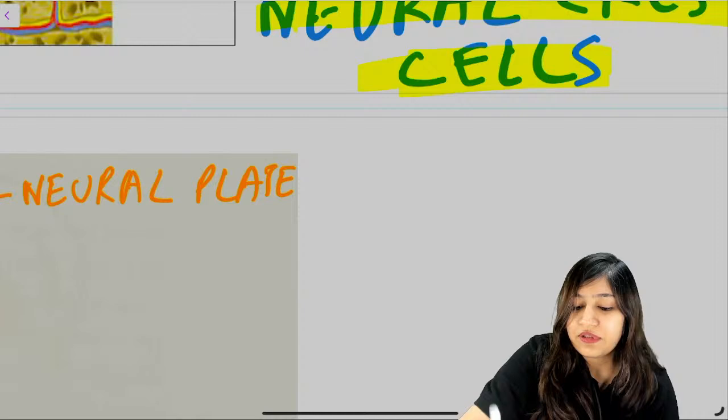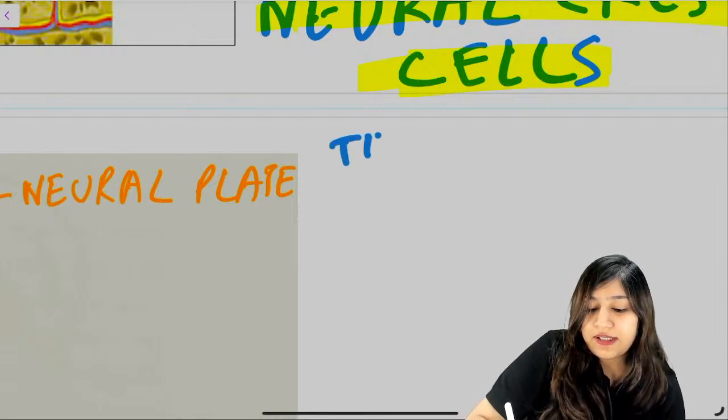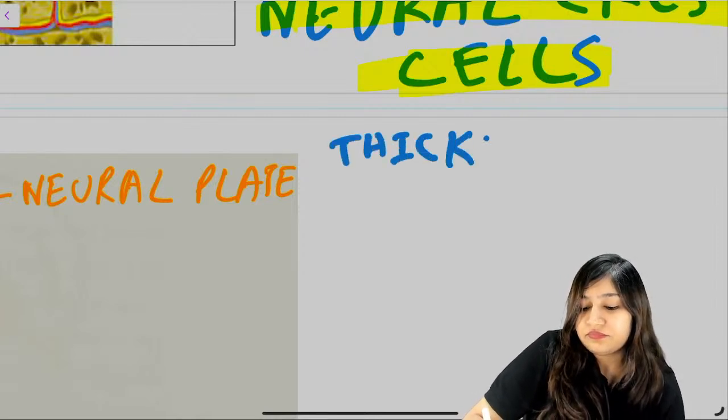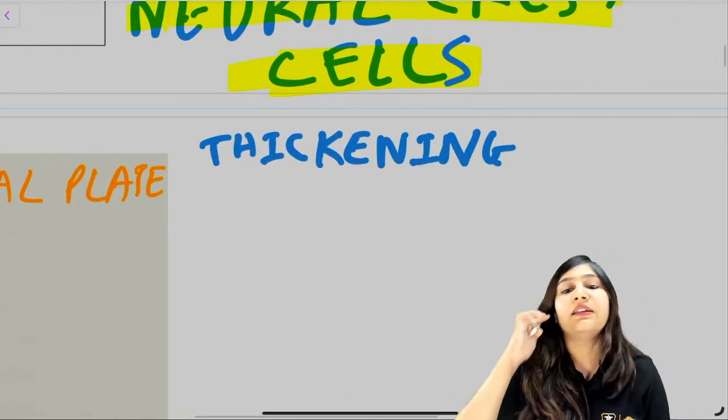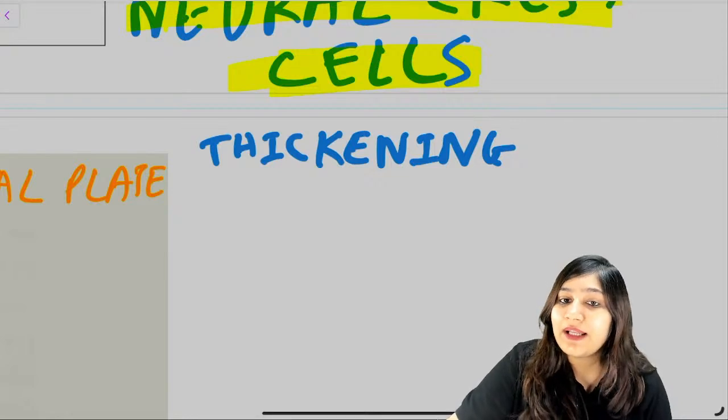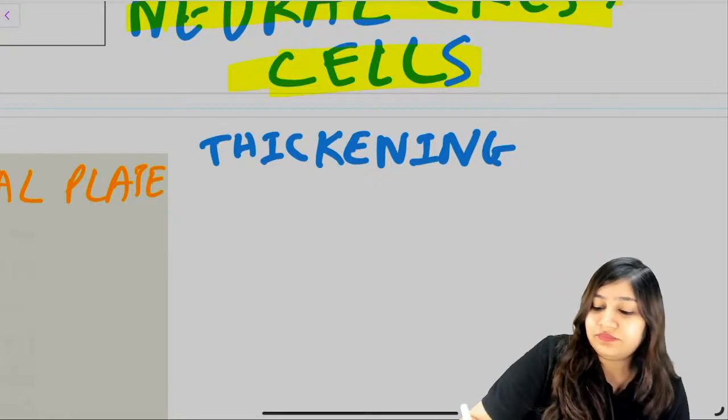So we have thickening at the head end of the embryo, mainly in the ectodermal portion.